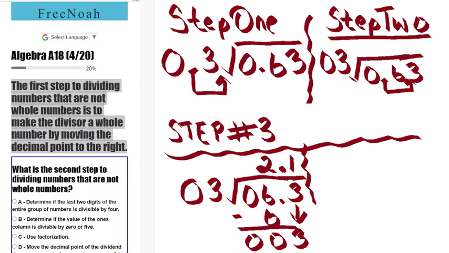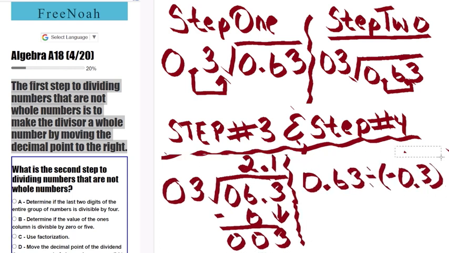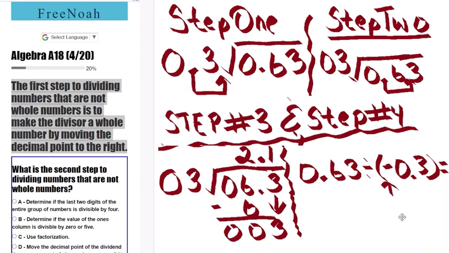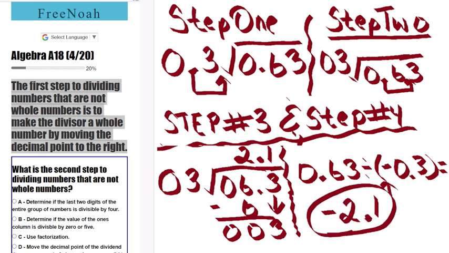So there's no more remainder, and we don't need to add any placeholders, any zeros here. And the last step will be to apply the negative sign at the end here. So the answer to the question is negative 2 1/10.